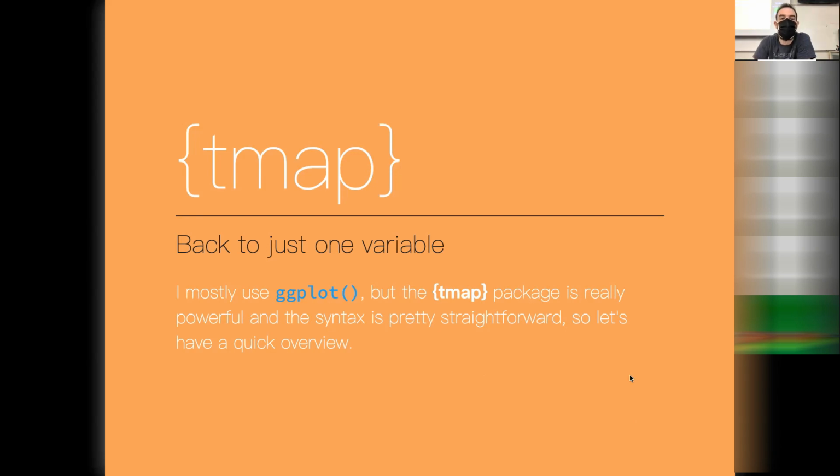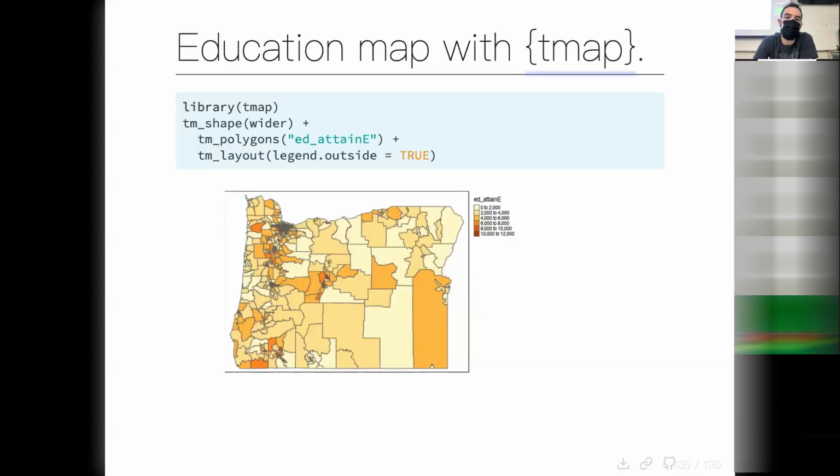Okay, so as is probably pretty obvious, I mostly use ggplot, but tmap is really nice and very powerful. So here's an example with tmap where initially I don't think it looks as nice, right? We can say library tmap, and then it builds up very similar to ggplot. We go tm_shape wider, so I'm using the wider one.